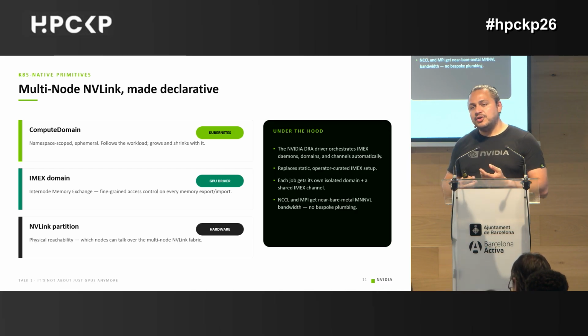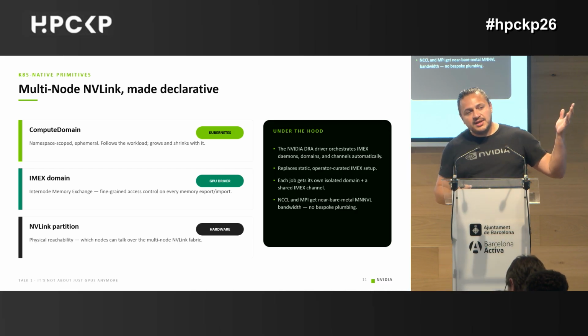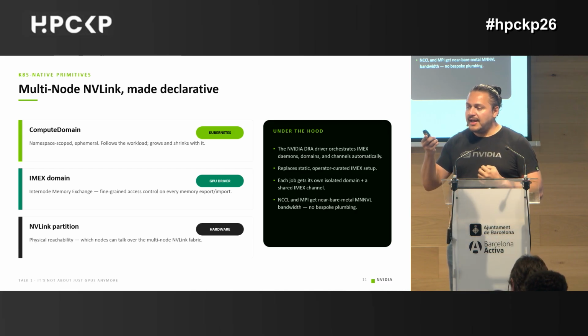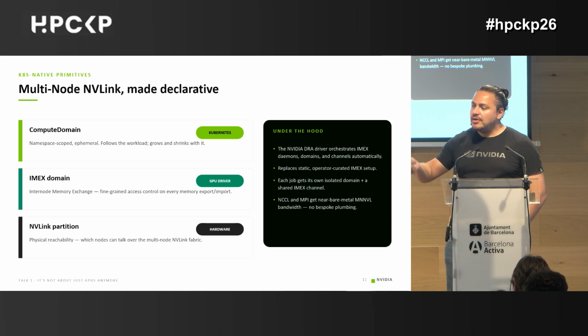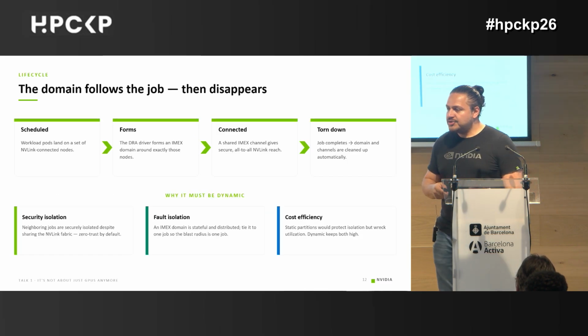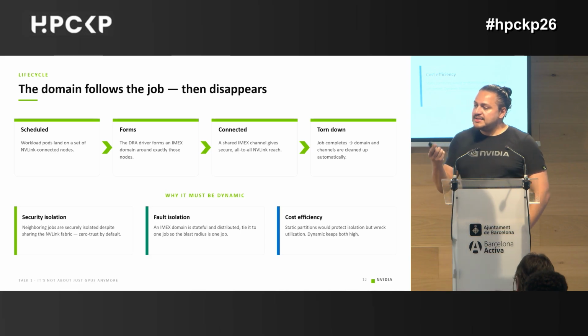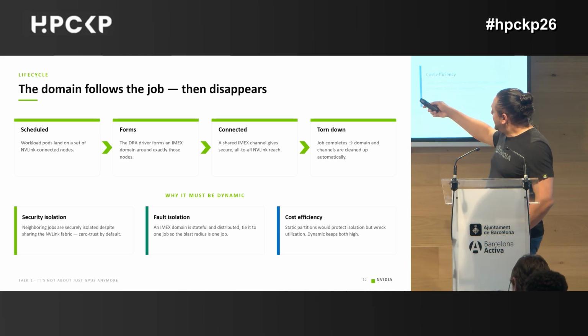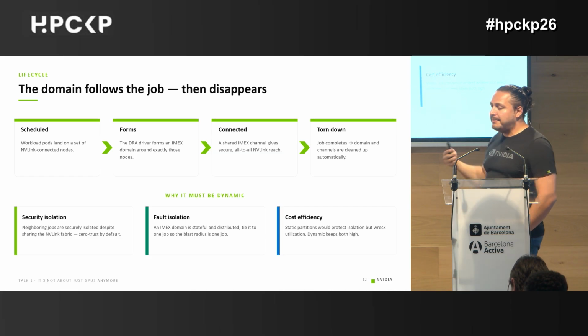So when you deploy your nodes, your process will see all the nodes as a single node using the NVLink and IMEX capability, and then you can run your process there. And once your process is done, using the compute domain controller, we will clean up everything and be ready for the next job. So when you are scheduling, you request the process, then it communicates that to the NVIDIA DRA driver.